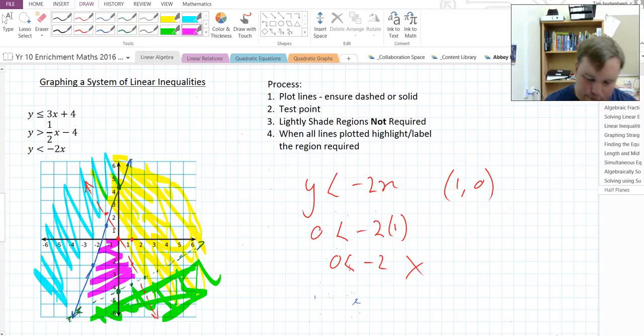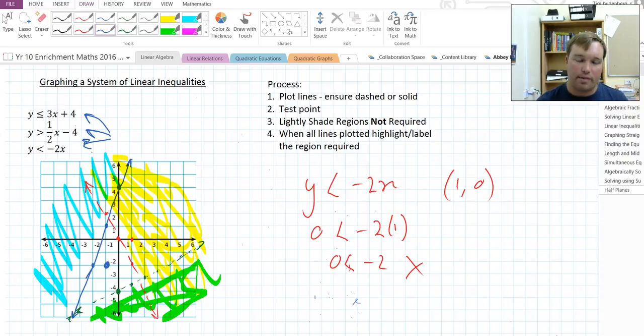That means that for every point inside that little triangle, it would satisfy all three inequalities. So for example, if I took the point here, minus 1, minus 2, and sub that into all three inequalities, it would satisfy all three inequalities.